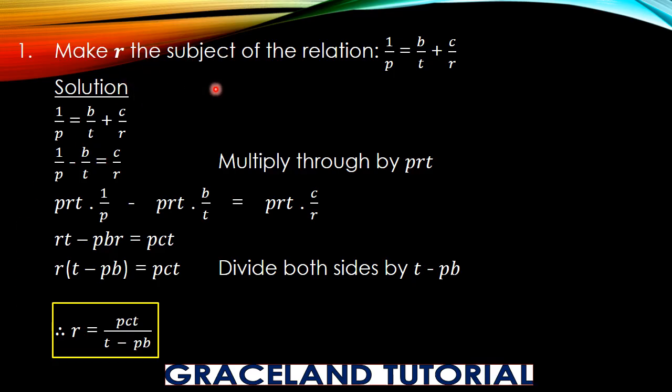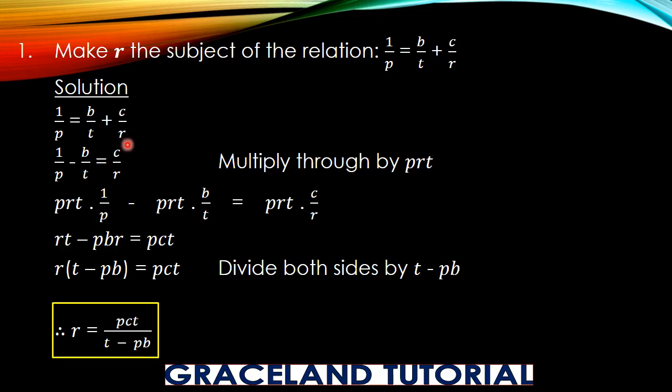Make R the subject of the relation 1 over P is equal to B over T plus C over R. Now the solution. 1 over P is equal to B over T plus C over R. Our main target is to make R the subject of the formula.